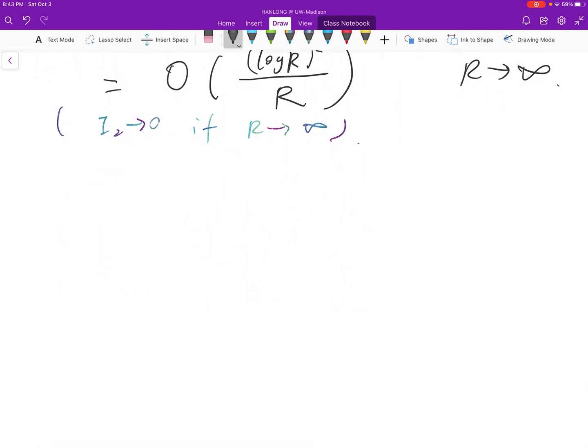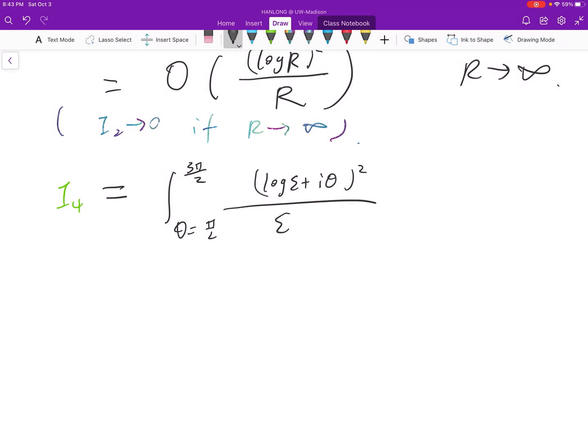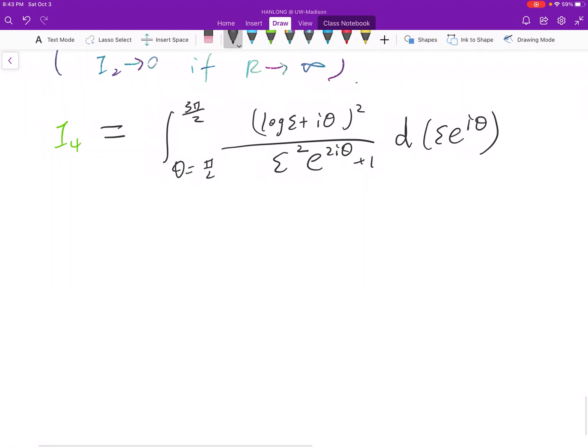Okay, next let's look at I4. It's another small circle. Here the angle is from pi over 2 to 3 pi over 2. And inside you have (log epsilon plus i theta) squared divided by epsilon squared e^(2i theta) plus 1, times epsilon e^(i theta) d theta.